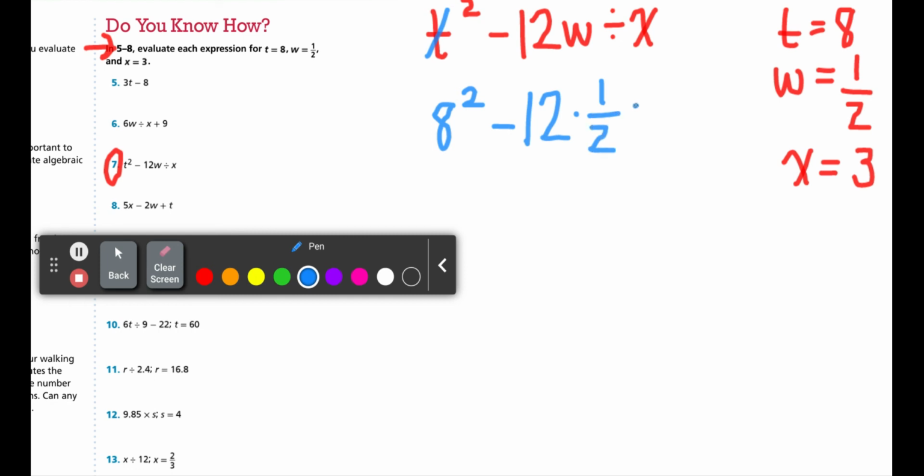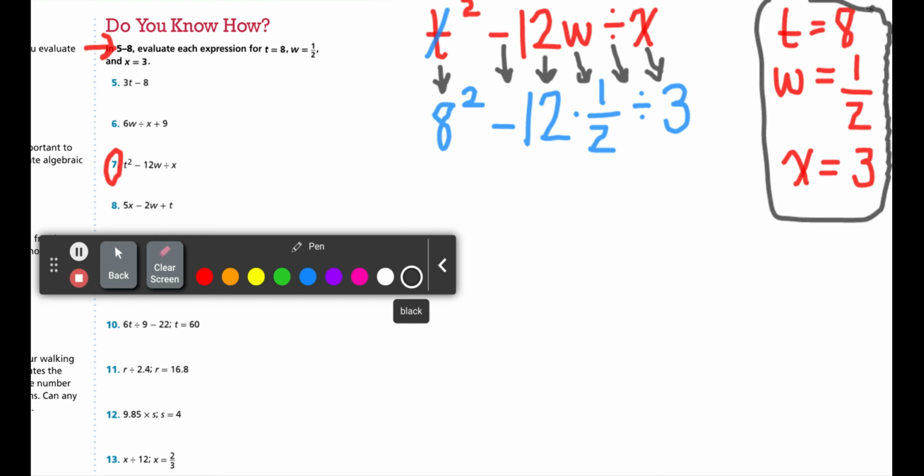Bring down the division sign, divided by x equals 3. So notice how everything that was up top, I brought down nice and neat, substituting in the values that they gave us for the variables.